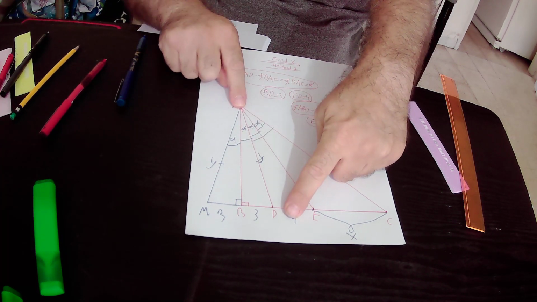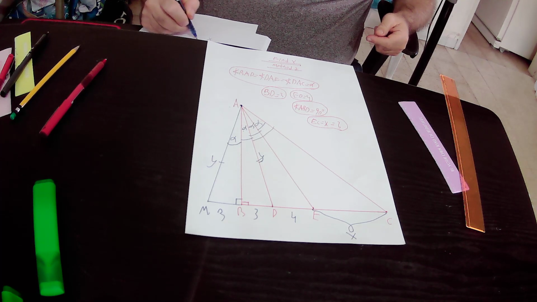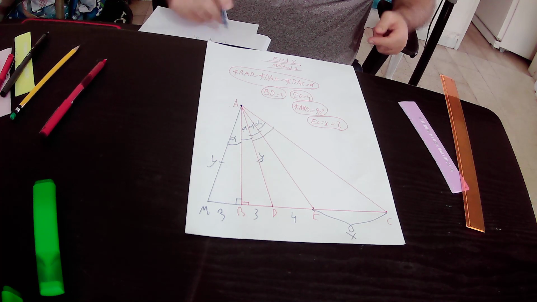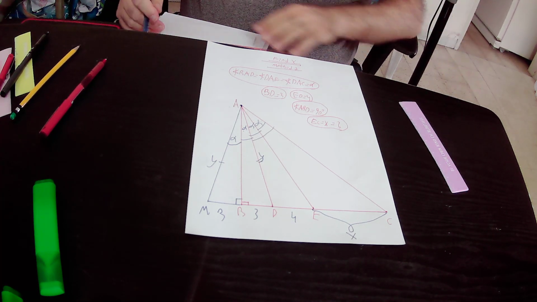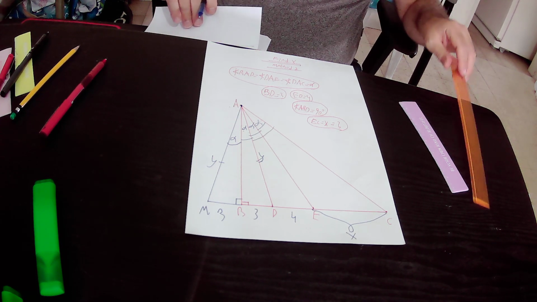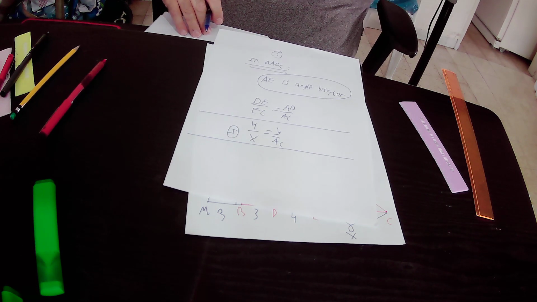AD equals Y. So in total we get that 4 over X equals Y over AC. This is equation number 1.